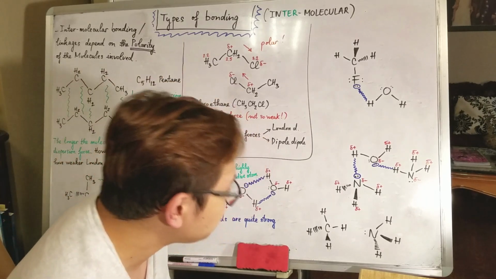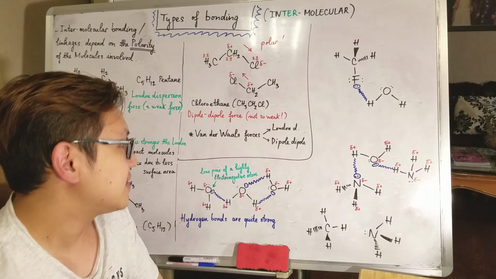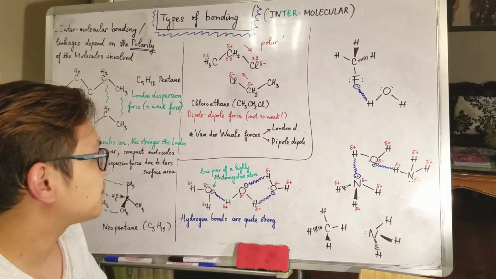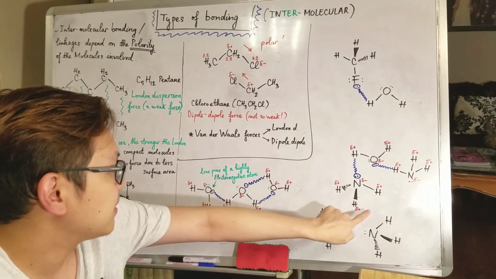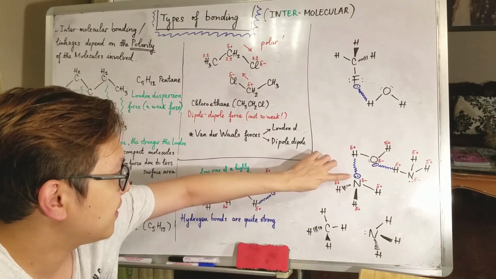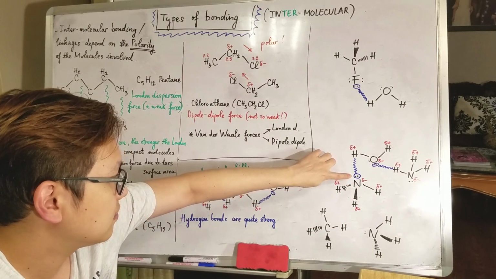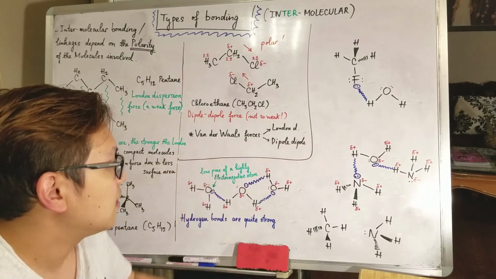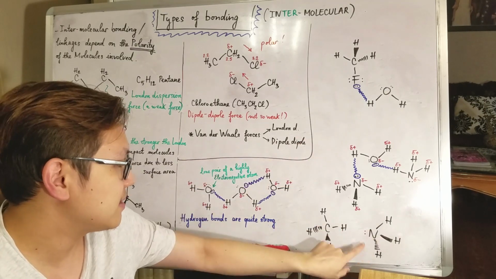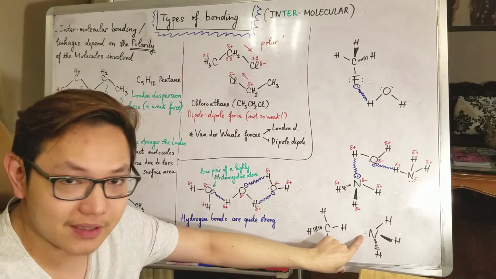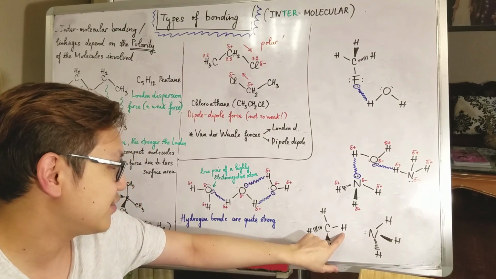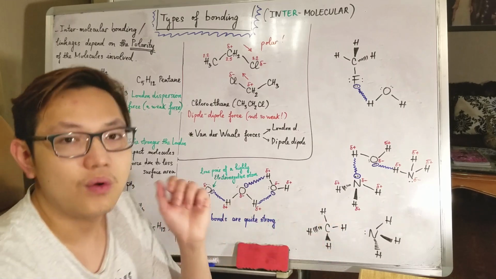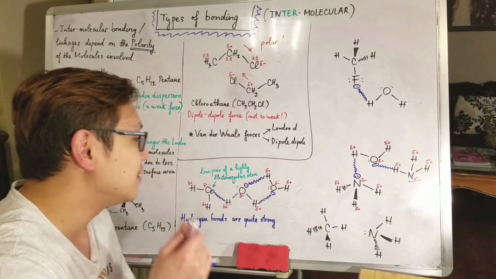Confusing, isn't it? Anyway, let's look at this example. You will see. For ammonia, NH3, there's a lone pair here. Wait, let's look at this one. Ammonia has a lone pair there. However, this lone pair cannot form the hydrogen bond with this hydrogen. Why?